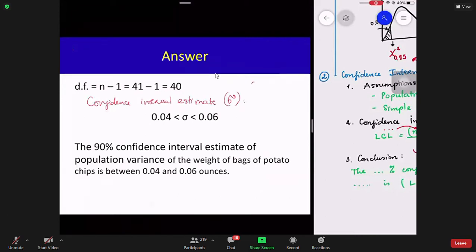So the variance will be between 0.0018 and 0.0038. But then it asks you for the confidence interval estimate for sigma, but not for sigma square here.